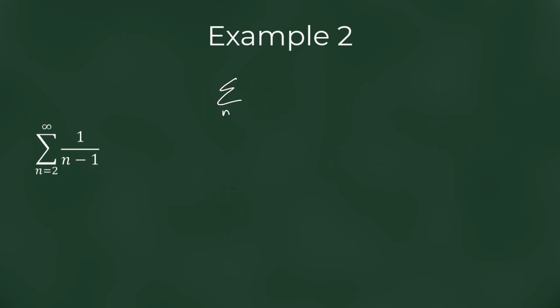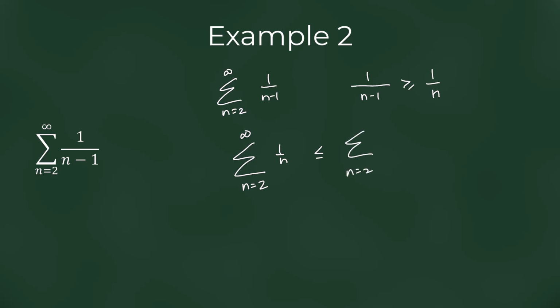We can use similar techniques to look at the sum from n equals 2 to infinity of 1 over n minus 1. Notice that subtracting 1 from n makes it smaller, which means that 1 over n minus 1 is greater than or equal to 1 over n. This tells us that the sum from n equals 2 to infinity of 1 over n, the smaller series, must be less than or equal to the sum from n equals 2 to infinity of 1 over n minus 1.